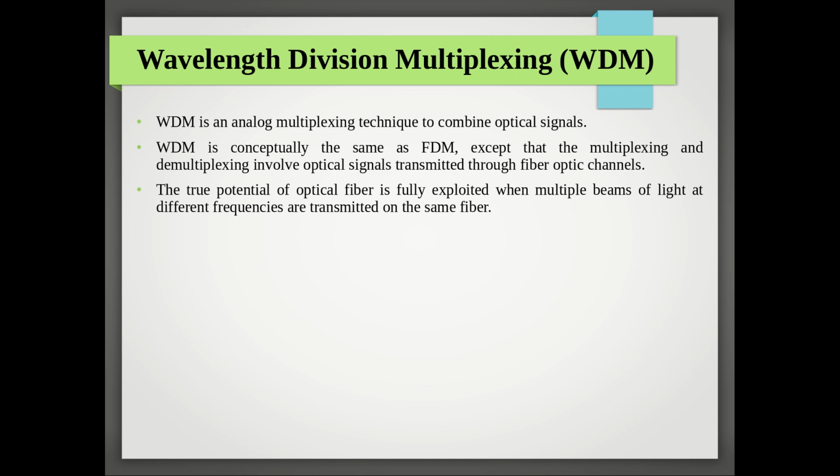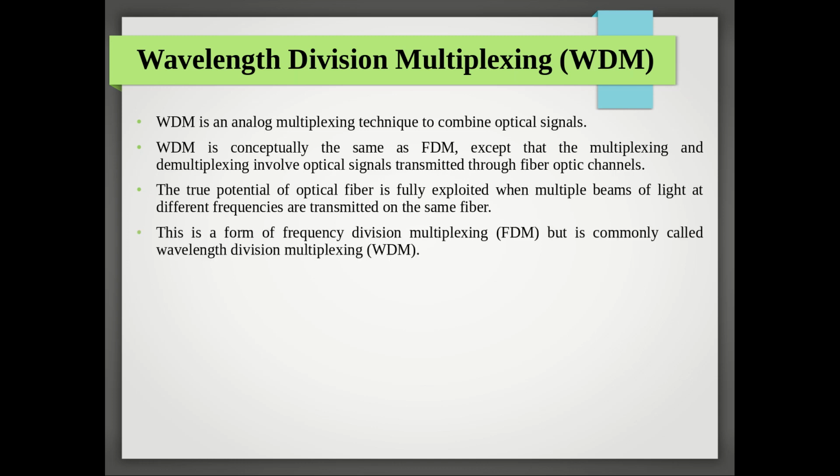Such a frequency sharing mechanism is wavelength division multiplexing. This is a form of frequency division multiplexing itself, but is commonly called wavelength division multiplexing when it comes to multiplexing of optical signals. That's all, the same concept that we studied already, but the type of signal being handled is the optical signal.